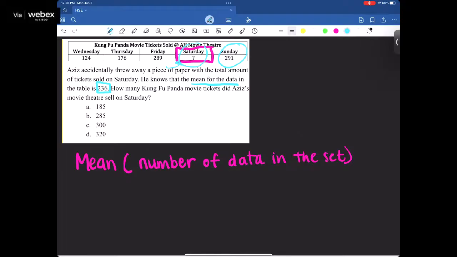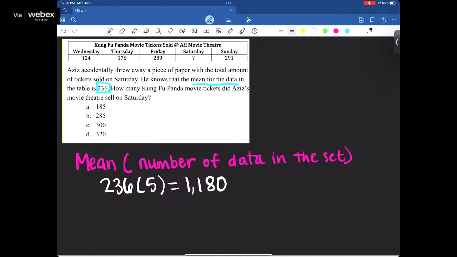We have 1, 2, 3, 4, 5. 5 numbers in this data set, including the missing number. So we need to multiply 236 times 5. And when we multiply 236 times 5, we get 1,180. That's the first step that we need to do.